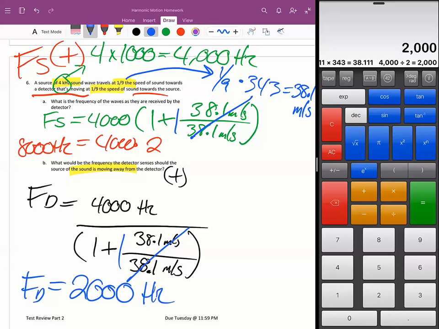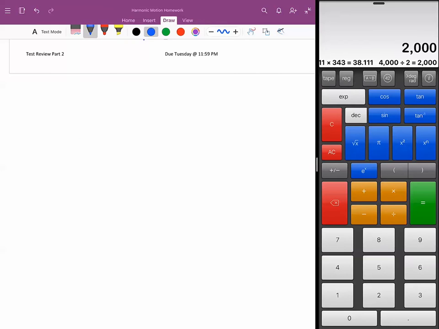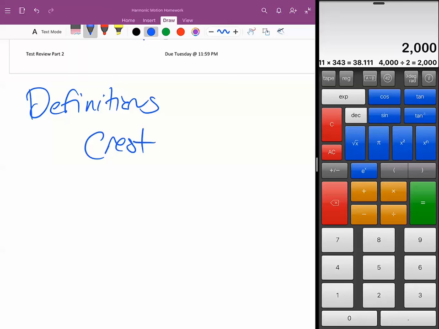Now in regard to the test, keep in mind you have definitions, crests, amplitudes, and the list keeps going on and on.